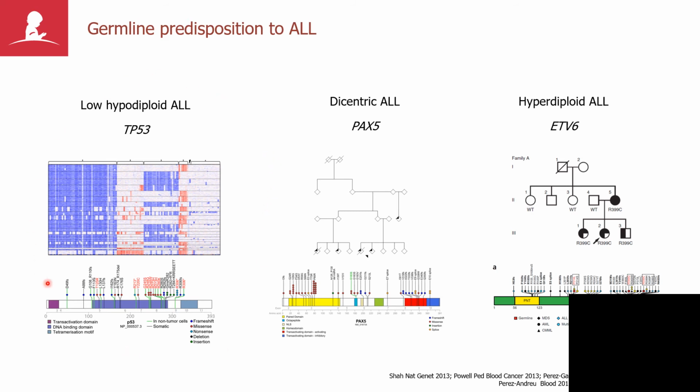Perhaps the most striking of which is p53 mutations in low hypodiploid ALL in children, but also the PAX5 G183S mutation in a subset of ALL, and germline ETV6 variants, which are probably the commonest germline mutation and are somewhat enriched in hyperdiploid leukemia.